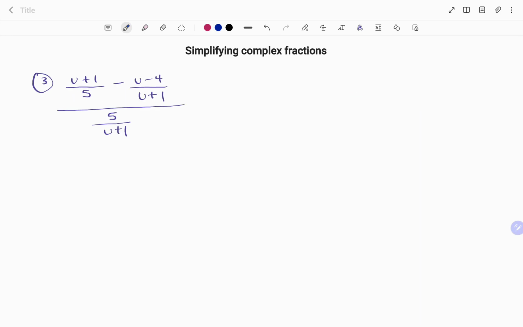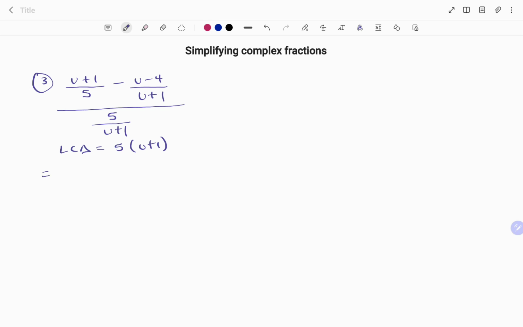In this example, for my numerator, I have u plus 1 over 5 minus u minus 4 over u plus 1, all over 5 over u plus 1. My LCD, if you check all the denominators, my lowest common denominator is 5 times (u plus 1). I'm multiplying all the terms by 5(u plus 1).